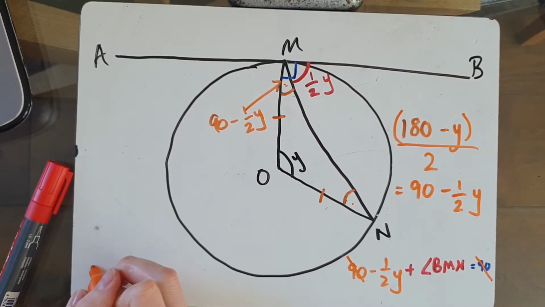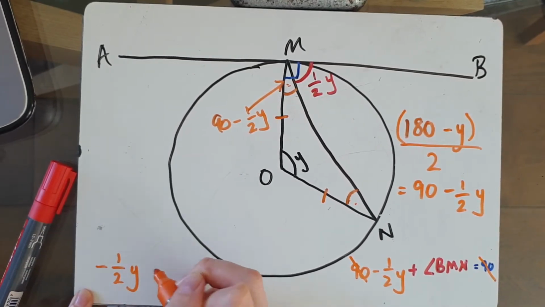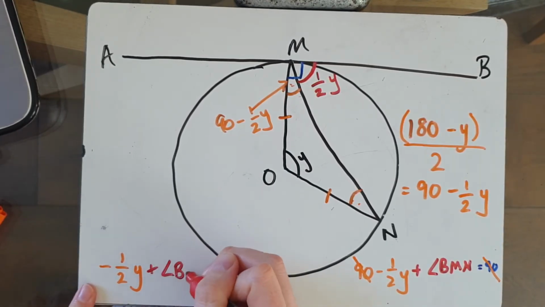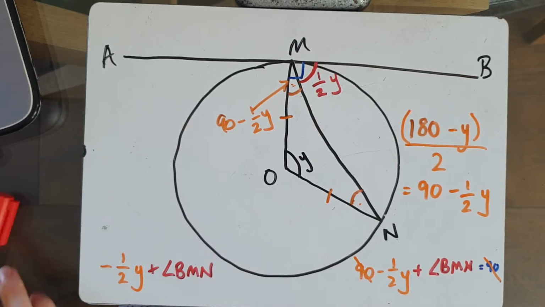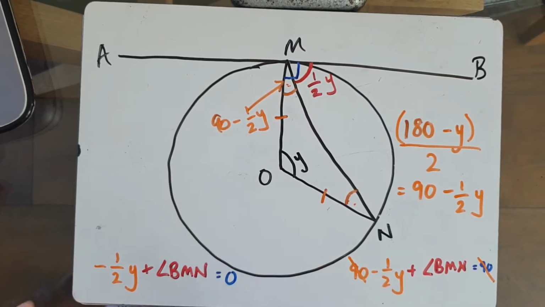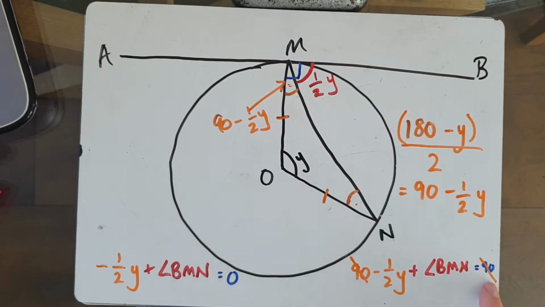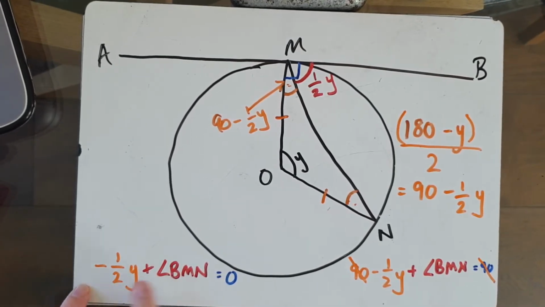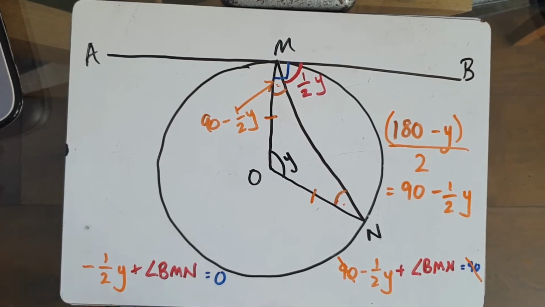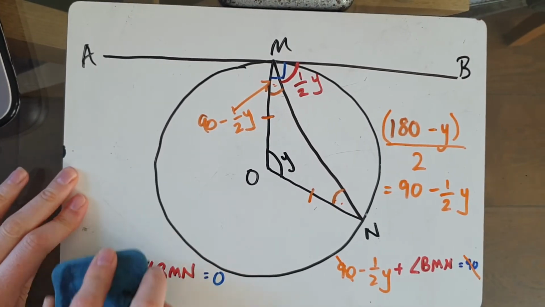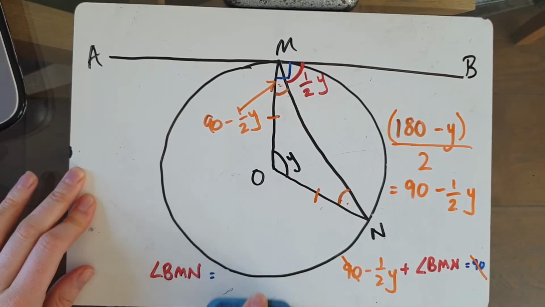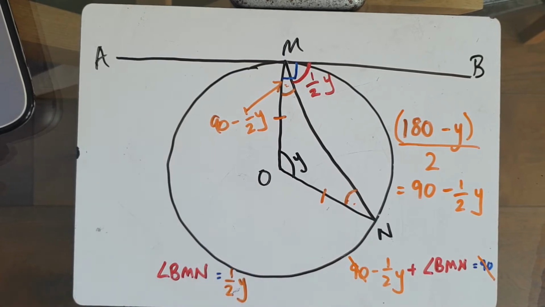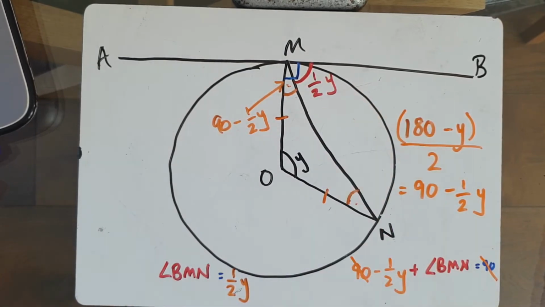That leaves us with minus a half y plus that angle BMN now equals 0 because we've subtracted 90 from both sides. So then if we add half y to both sides, I'm going to get rid of it here because I've added half y on. And then 0 plus a half y gives me a half y. So that angle BMN is a half y.